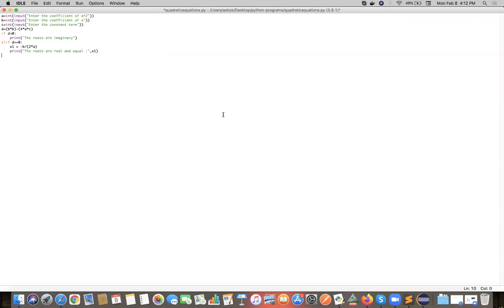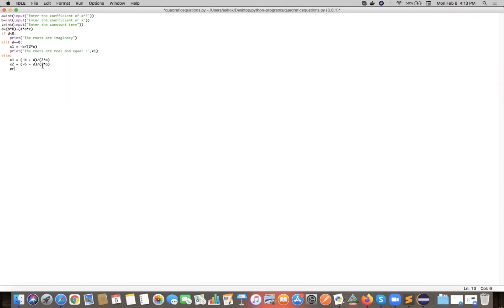That's enough. And else, the case where d is greater than 0, correct? That's where you need to apply the formula more deeply. Minus b plus the square root of d, right? For one case, where d is b square minus 4ac, divided by 2a, divided by 2 times a. For x1. And x2 is equal to minus b minus the square root of d divided by 2 times a.